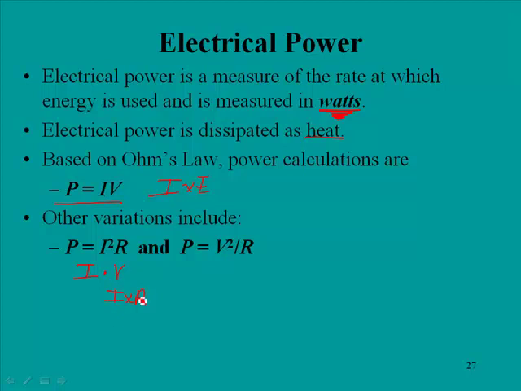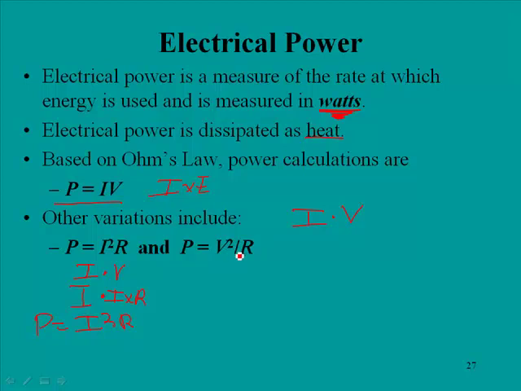So if we replace V with I times R, and then we have our I over here, we can simplify this equation to say I squared times R. And so that is the same thing as this. And vice versa, if we have I times V and this formula right here, we can derive this formula.